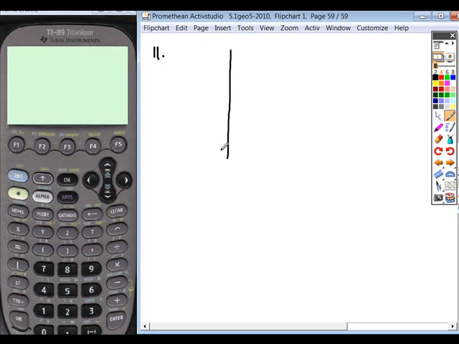All right, in problem number 11, if you were to plot these, say the point 1, -2, the point -5, 4, and the point 5, 2.